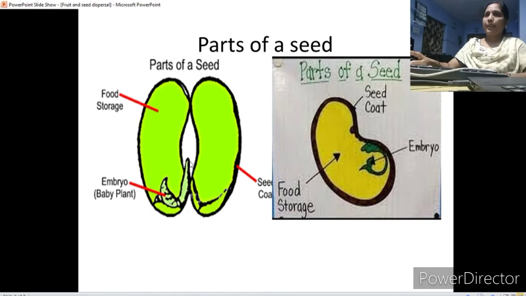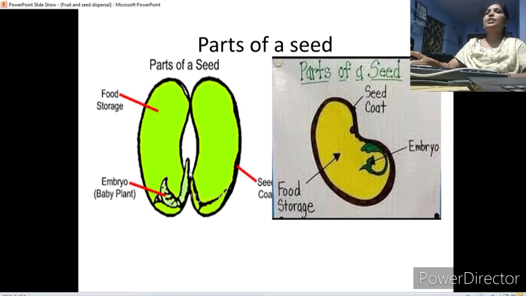In a groundnut, between the 2 white cotyledons, in the middle a small white part is present, and that is known as the embryo. Both the cotyledons supply food to this embryo. In the same way, in monocots also the embryo is present.